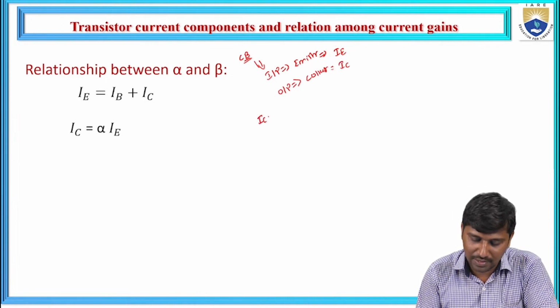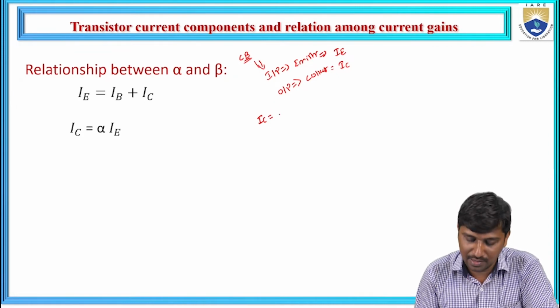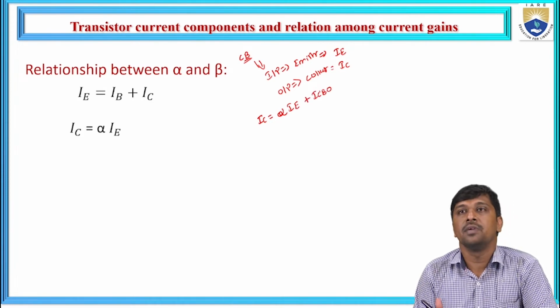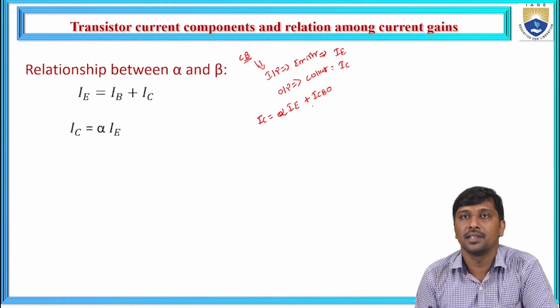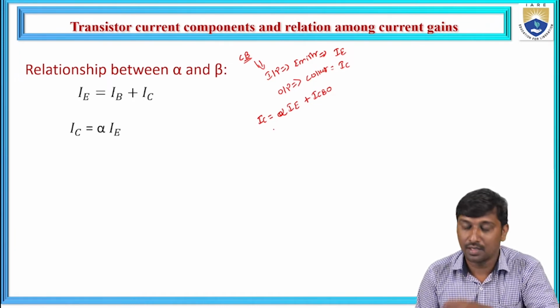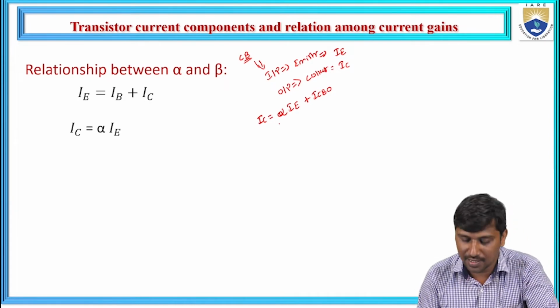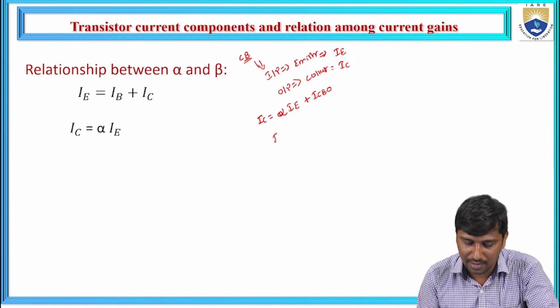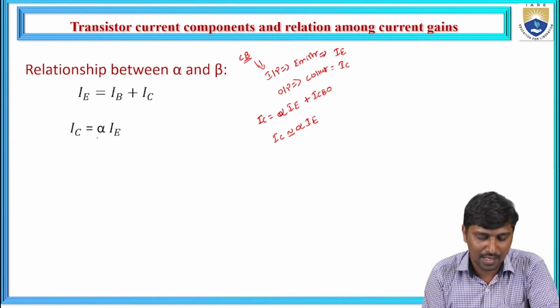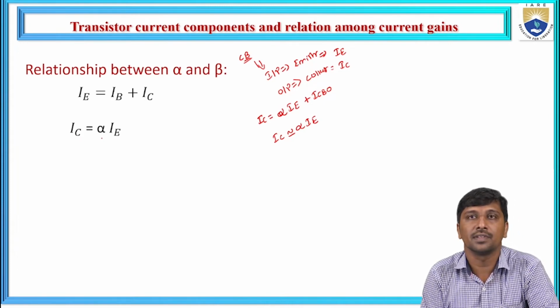From that, we know the generalized expression for the common base is IC equal to alpha times IE plus ICBO, where ICBO is the reverse saturation current, when the collector base junction is open circuited. The reverse saturation current is very, very small, hence we are going to neglect it. Hence, IC is approximately equal to alpha times IE.